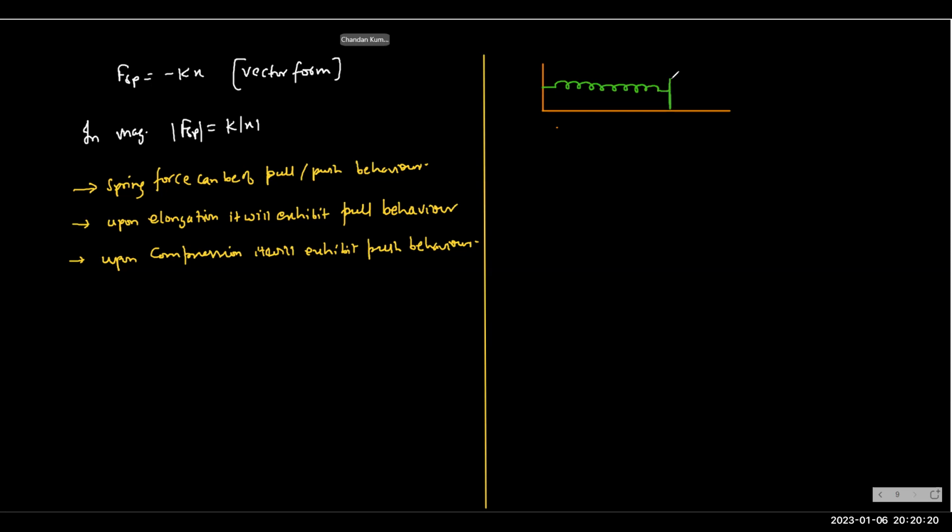We have a spring, we have a block. Someone is pulling this block by applying the force F. The block is connected to the spring, so by virtue of the block moving towards the right, the spring is going to be pulled for sure.